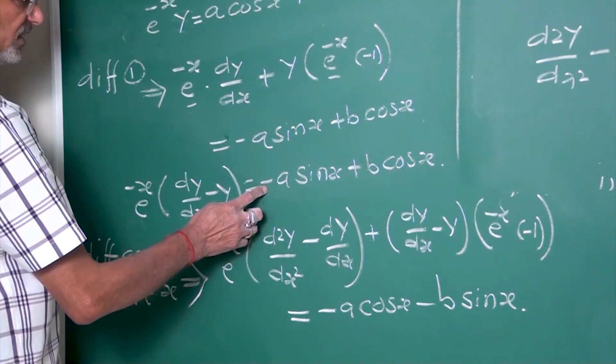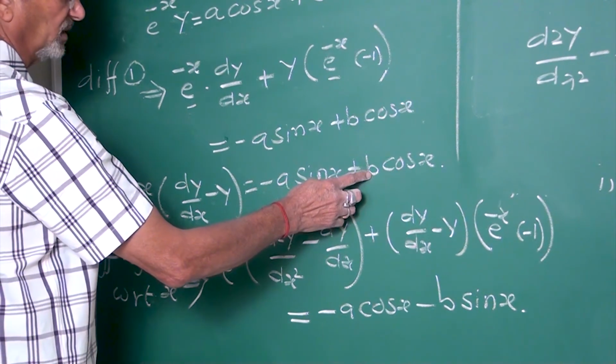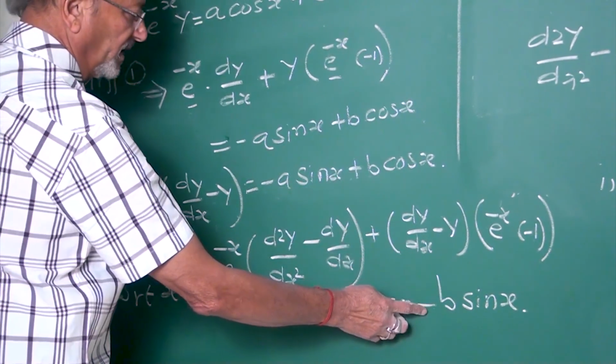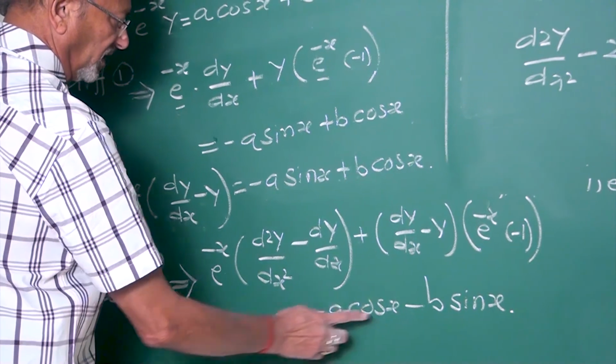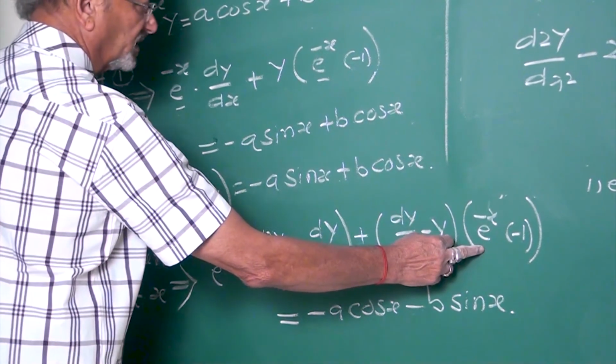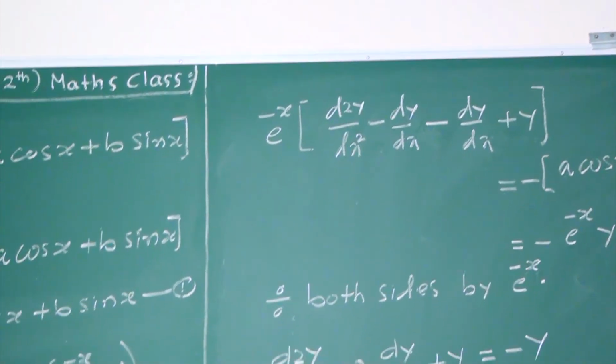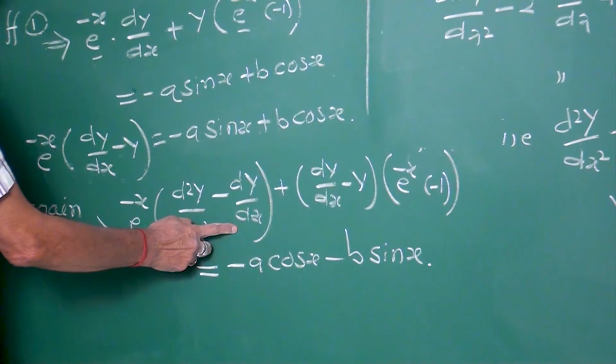RHS derivative: minus a sine is cos, plus b, derivative of cos is minus sine. Simplified, e to the power minus x is out. This is left, d2y by dx2 minus dy by dx.